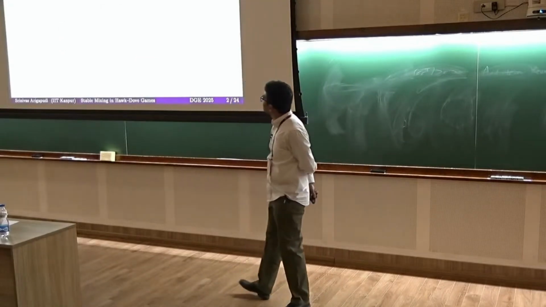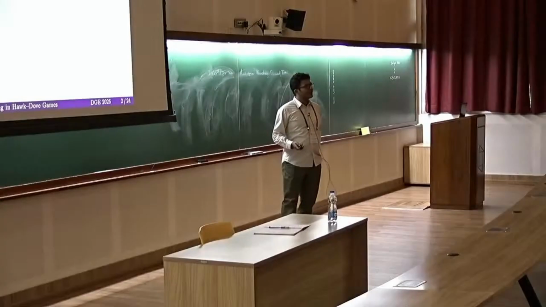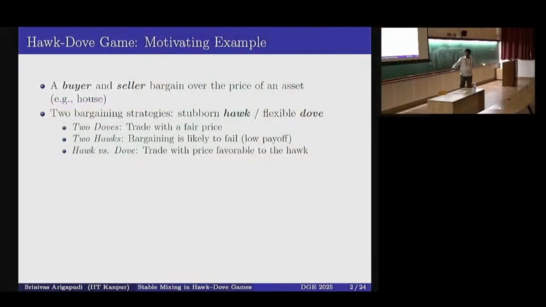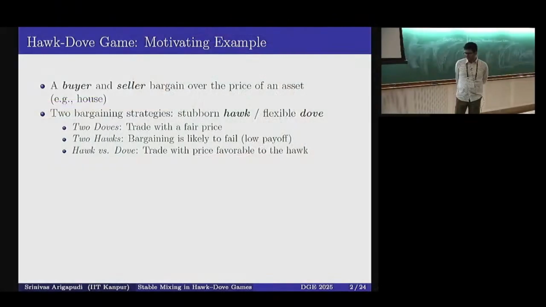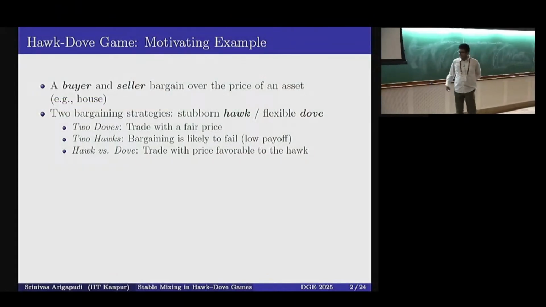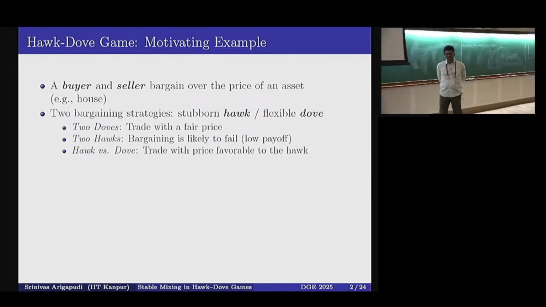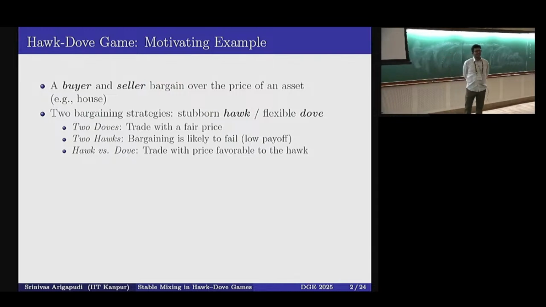The Hawk-Dove game is something which you've already encountered. An economic example for this sort of situation could be where you have a buyer and seller. A seller is planning to sell a house, and roughly, let's say that there are two bargaining strategies. You can either be an aggressive or hawkish player, or you can be a flexible dove.